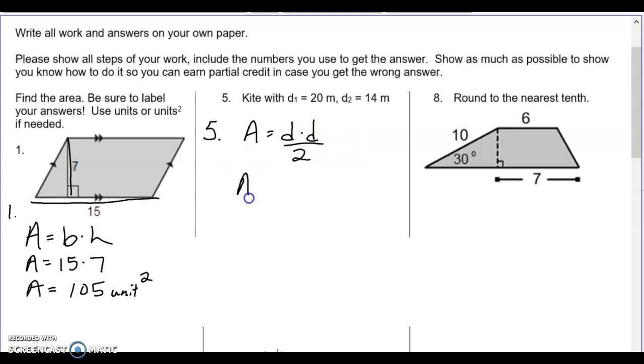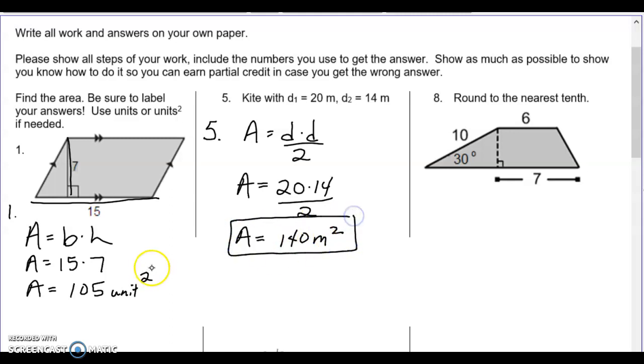Make sure that you email me a picture of your work, because a lot of you might get 3 out of 4 instead of 0 out of 4. So please, please, please show me your work. All right, so 20 would be the first diagonal, 14 would be the second diagonal, divide it by 2, and then you're just timesing that out. So that would be 140 meters squared.